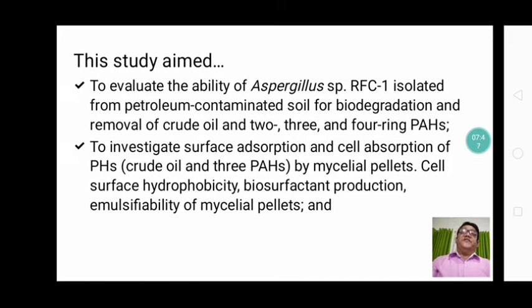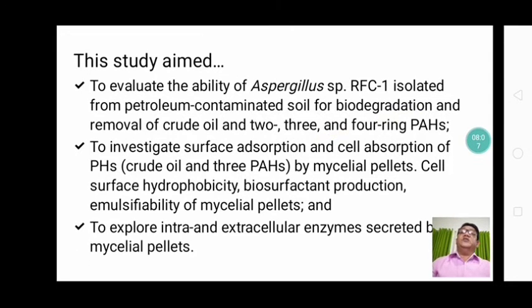Also, to investigate surface adsorption and cell absorption of petroleum hydrocarbons, crude oil, and 3 polycyclic aromatic hydrocarbons by mycelial pellets, cell surface hydrophobicity, biosurfactant production, emulsifiability of mycelial pellets, and to explore intra- and extracellular enzymes secreted by mycelial pellets.